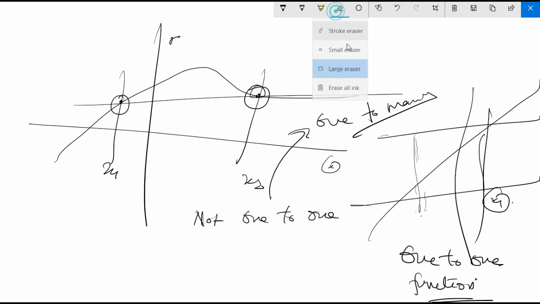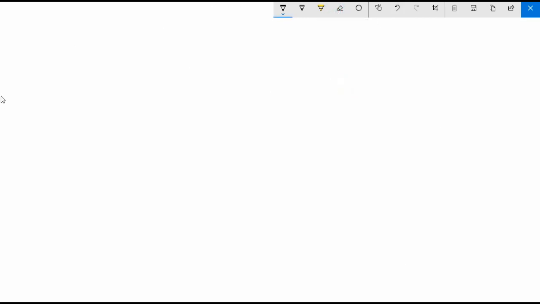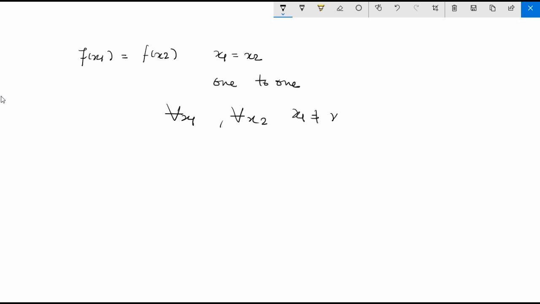And to more precisely define it, you can say that if my f of x1 equal to f of x2, then my x1 is equal to x2, and it is a one-to-one function for every x1 and for every x2, such that x1 is not equal to x2 implies f of x1 is not equal to f of x2.